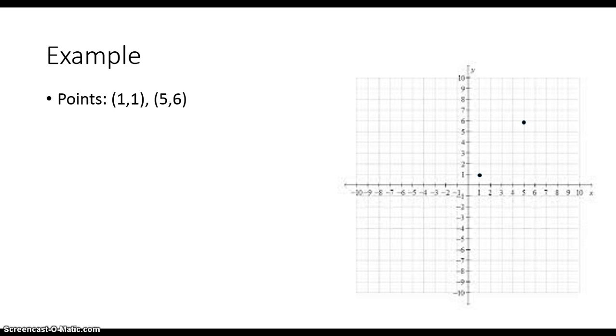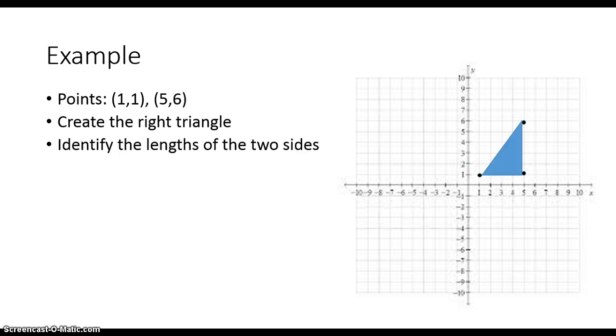Now I need to create my right triangle. So I need to extend downward a segment from 5, 6 and extend a segment positively in the x coordinate way from 1, 1 a segment. They will meet at 5, 1, and so I have a point there and my right triangle is created. I then need to identify the lengths of the two sides.